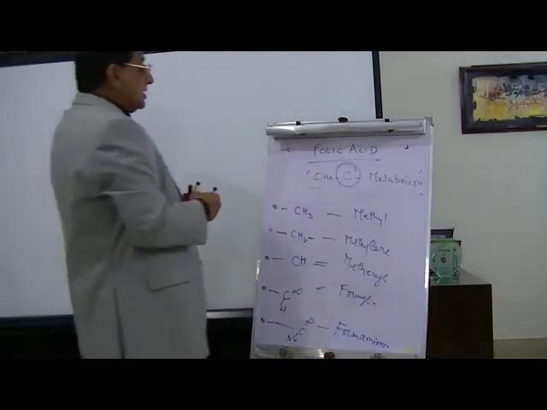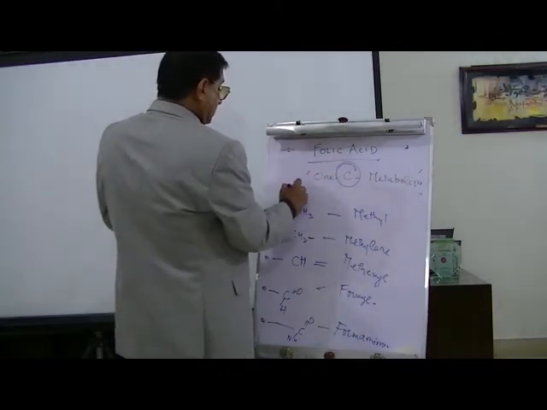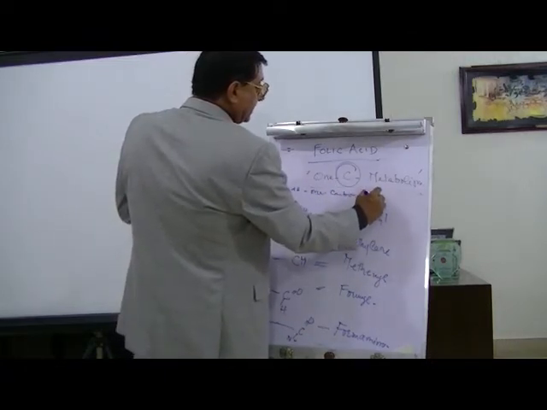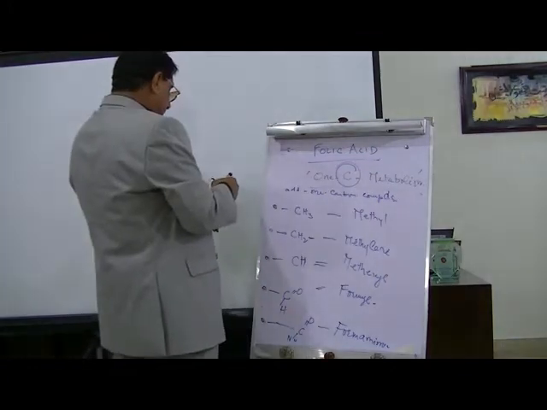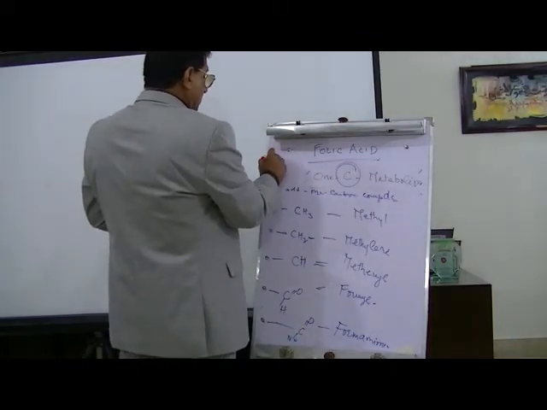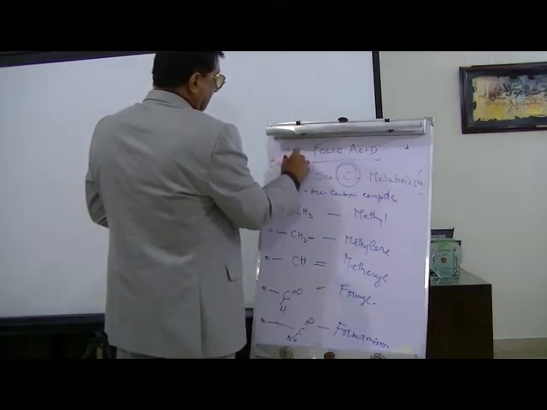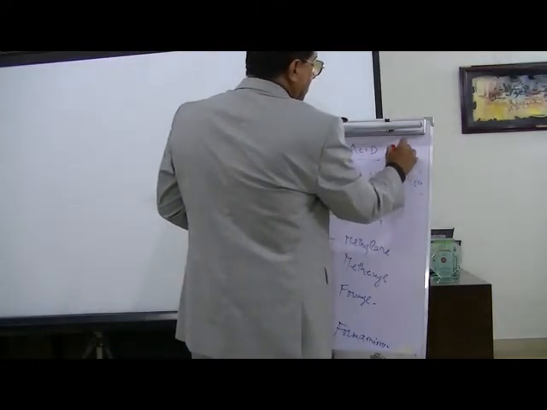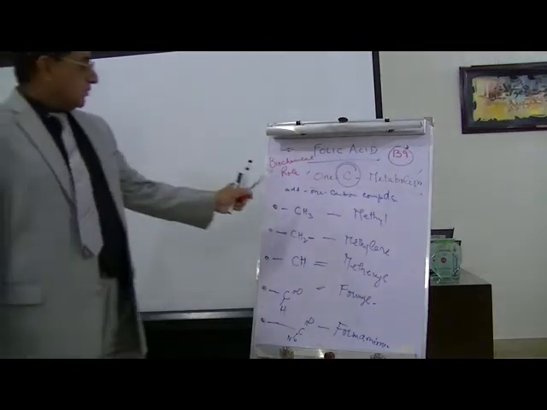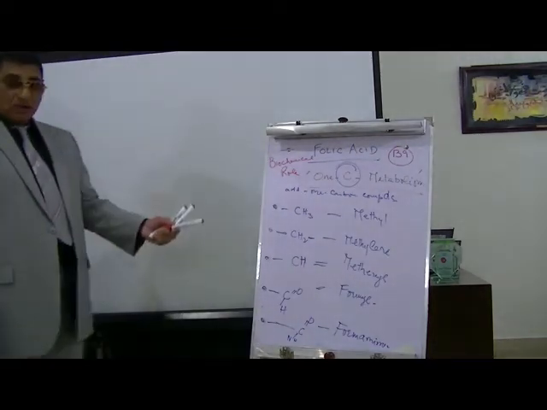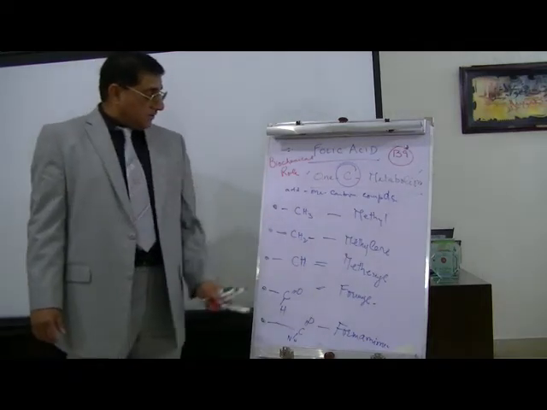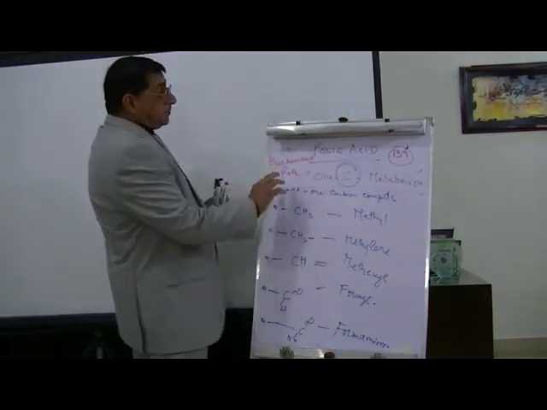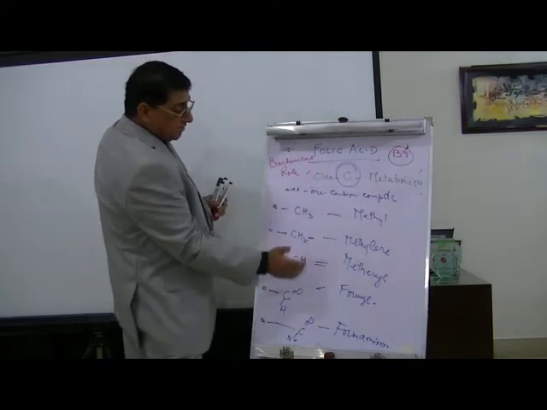They can add one carbon compounds. This is the biochemical role of B9 folic acid: it carries out one carbon metabolism, and these are all one carbon groups: methyl, methylene, methinyl, formyl, and formimino group.